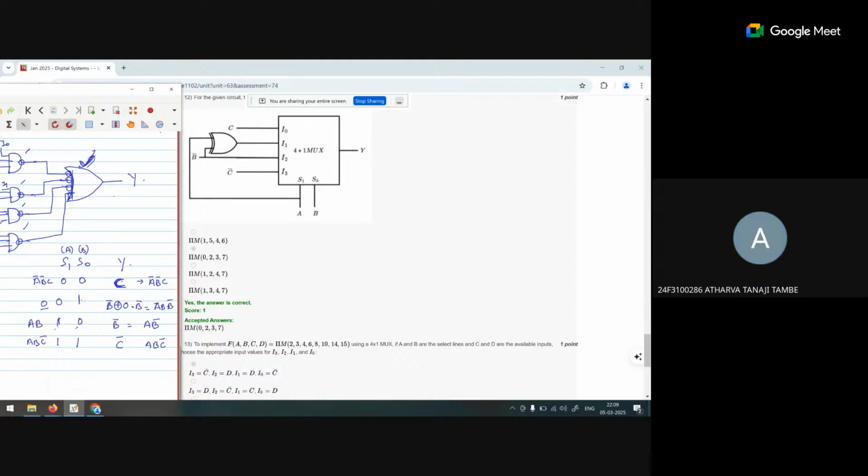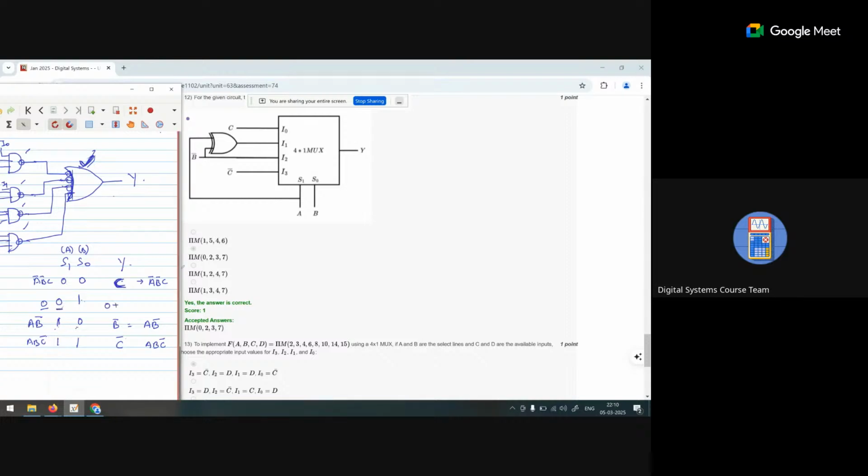Sir, in I1, I1 is 0. No, sir. Can I repeat it again? Yes, in I1 only I'm confused. Okay. So what is the I1? I1 is nothing but A XOR B bar. Okay. So what is the value of A? A is 0.